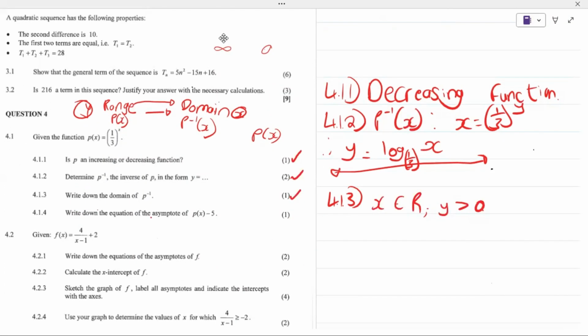Equation of the asymptote. So okay, I have an asymptote now, but then of p of x minus 5. So 4.1.4 will be p of x minus 5, which will just be 1 over 3 to the power of x minus 5, right?